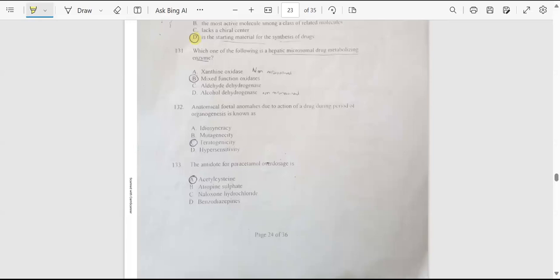Please repeat what you said. I'm saying it's a mixed function oxidase.